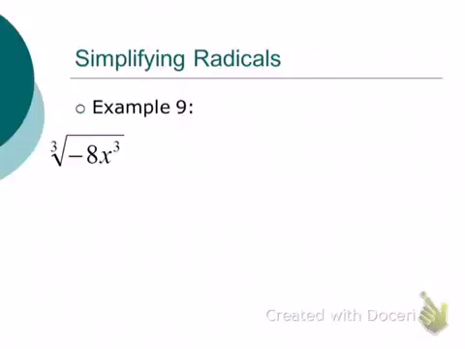So what would we do with this? The cube root of negative 8x cubed. So what was the little trick we talked about a minute ago when we were dealing with square roots to determine if an exponent is a square? It has to be what kind of number?